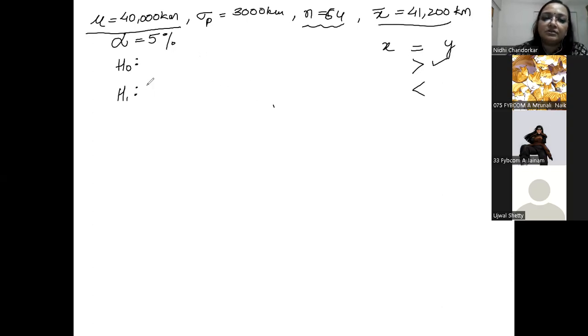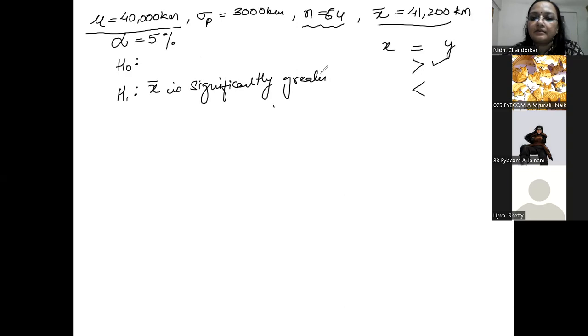Okay, so we can say x bar is significantly greater than mu. If you want to write in the form of equation or inequation, it is x bar is greater than mu. That is alternate hypothesis.